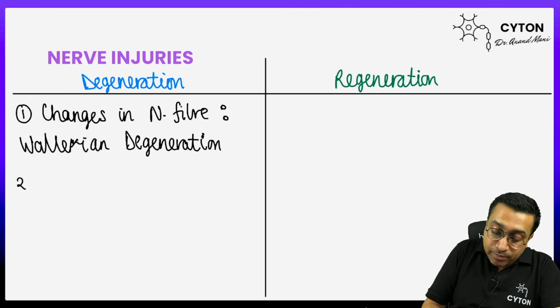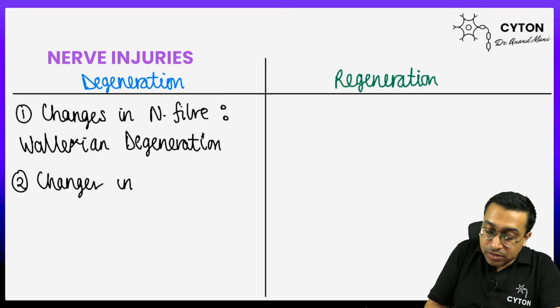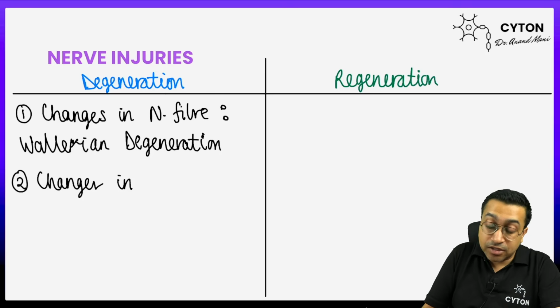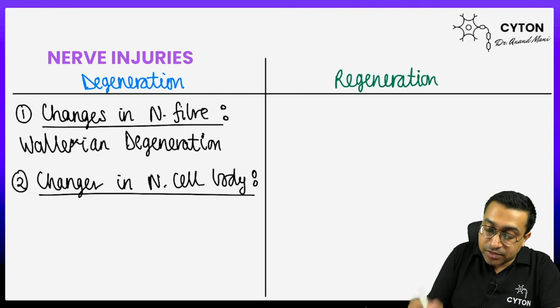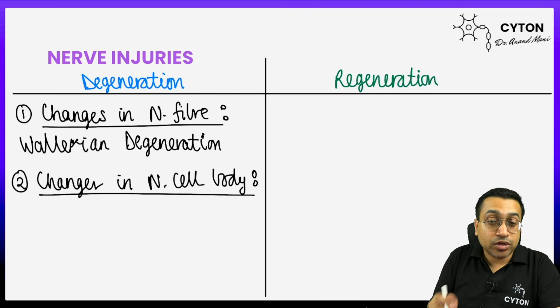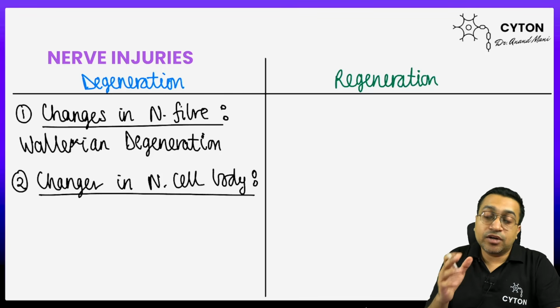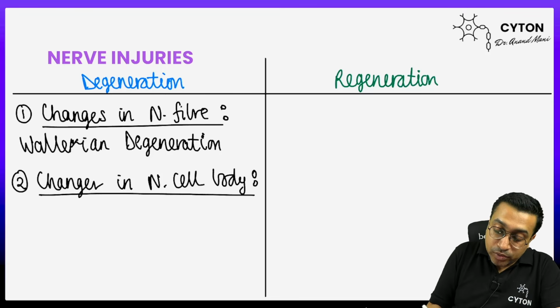Then number 2, changes in the nerve cell body. Now what are these changes? Due to the loss of neural activity after injury, the cell body undergoes certain changes. Let me write.